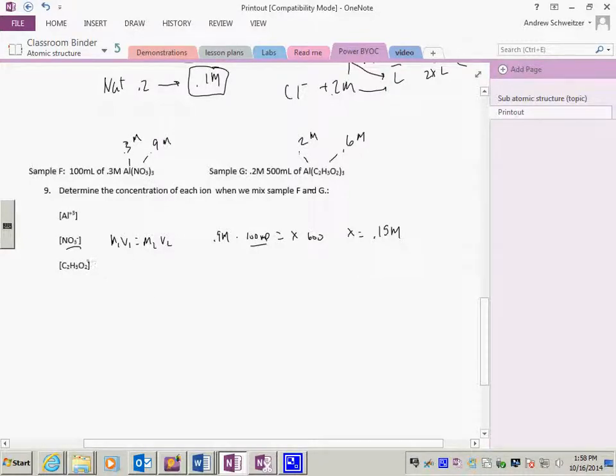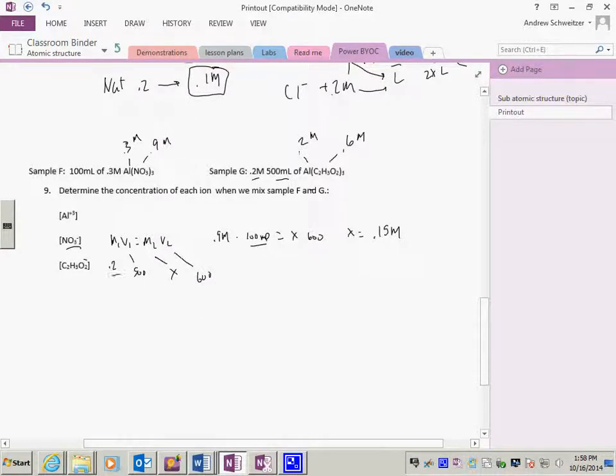Okay, now the acetate ion, same thing. In this case, I have 500 milliliters of it, so I would expect my answer to be quite a bit closer to 0.2. All right. Let's do the math. I have M1V1 equals M2V2, so it goes from 0.2, and then the V1 is 500 milliliters, and then I have M2, which is what I'm looking for, and V2, which is going to be my ending volume of 600 milliliters.